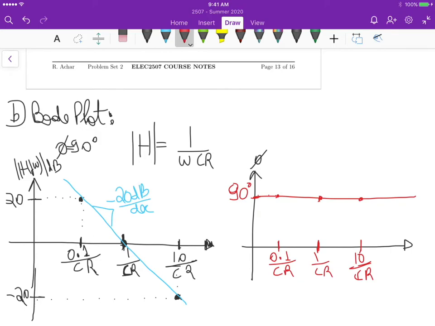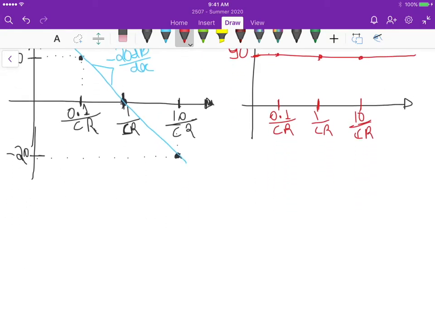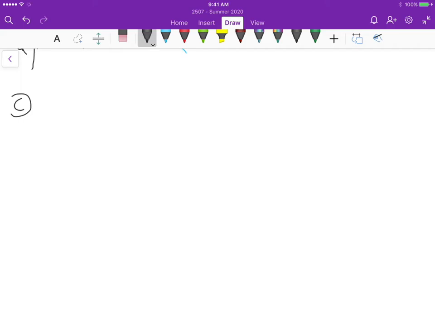Now for part C, we need to define a finite gain. To get a finite gain, the solution would be to put a feedback resistor in parallel with the capacitor. So the circuit that we would have is just a resistor here, goes again to the negative, so the inverting input.